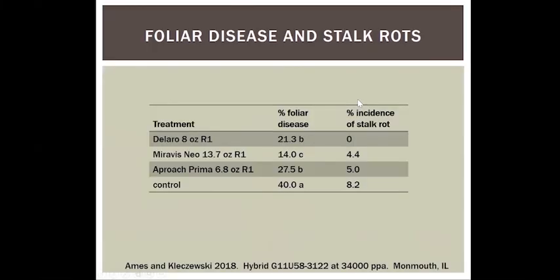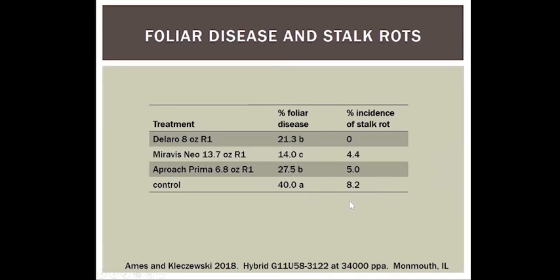Now, this is another example here that comes from our trials that we conducted in 2018 up in Monmouth, northwest part of the state. In this case, we've got about 21% disease in our non-treated checks, 40% disease in our non-treated checks, and our application of fungicides reducing that at least by half or nearly half or more, depending on our products that we're using.